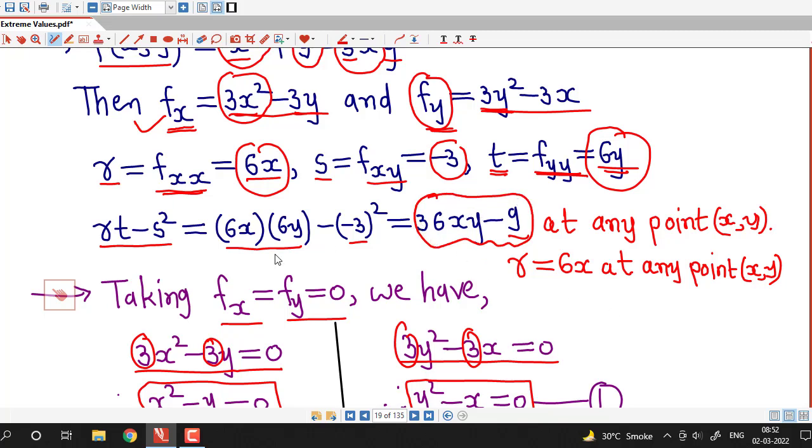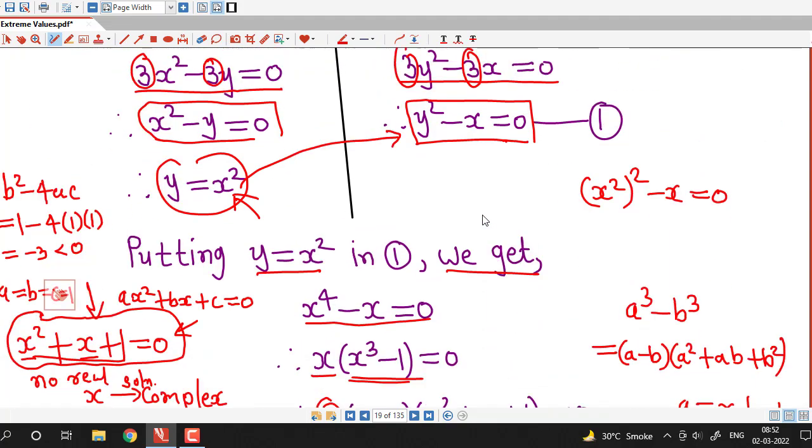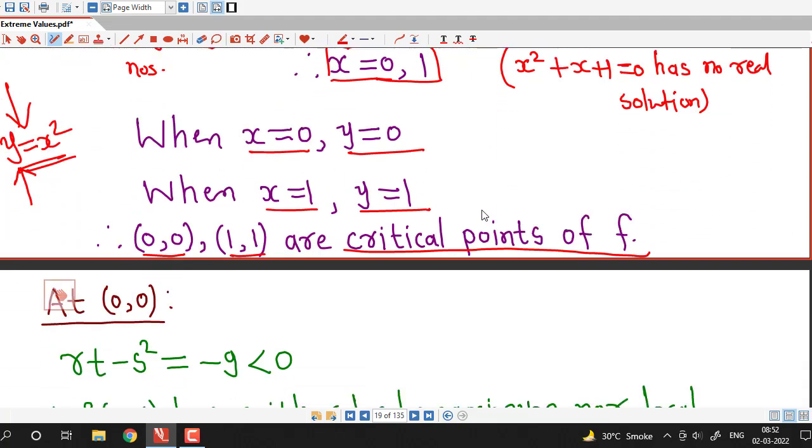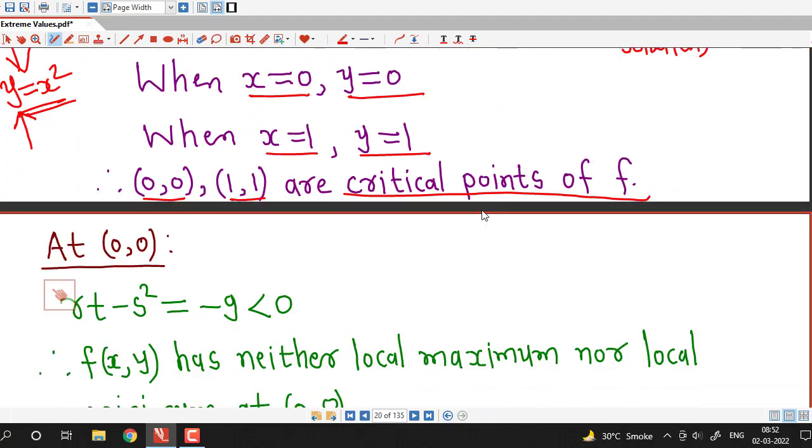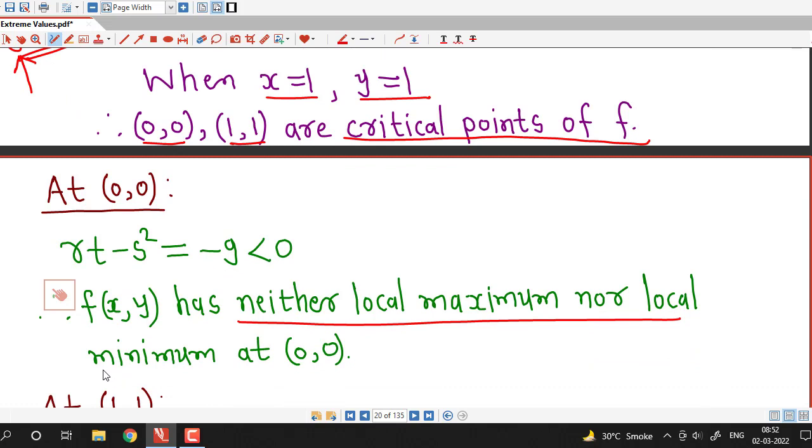The value of rt minus s square at (0, 0), taking x and y as 0, will be 0 minus 9, which is negative. And if rt minus s square is negative at a critical point, then the function has neither local maximum nor local minimum at that point.